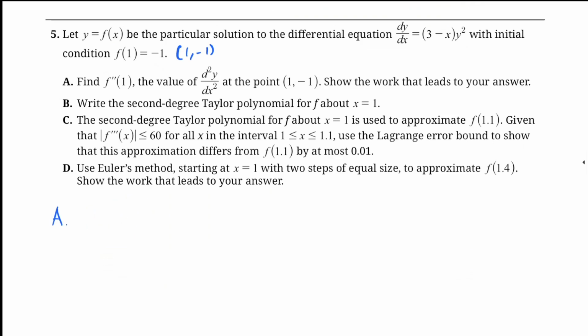So if we take the derivative of (3 - x)y squared, we have to use product rule. The derivative of 3 - x is -1 times y squared, plus the derivative of y squared, which is 2y, times the 3 - x.